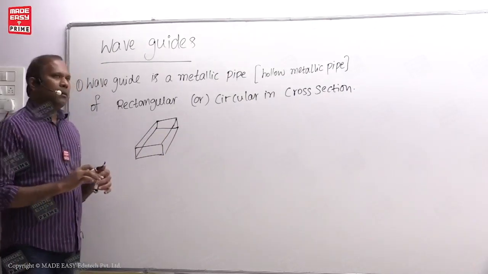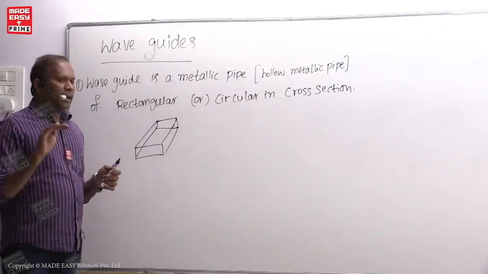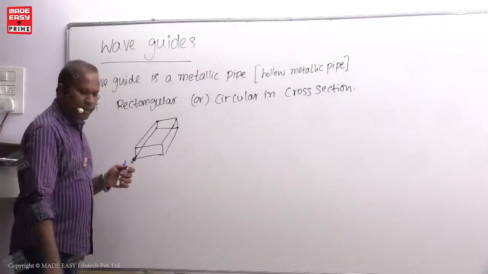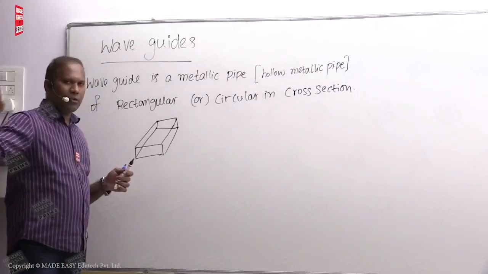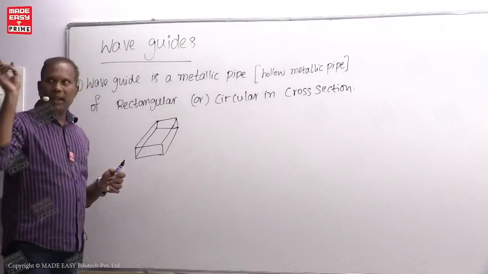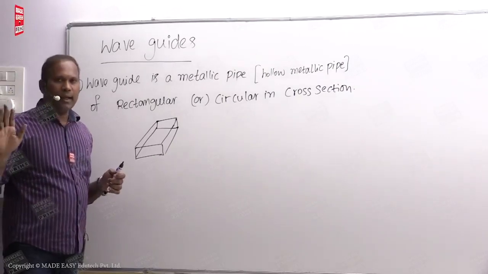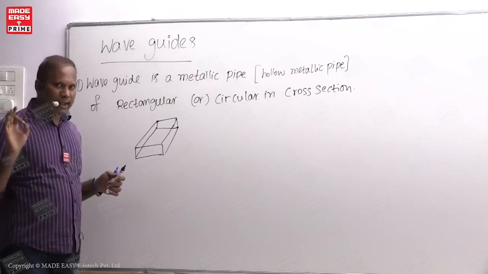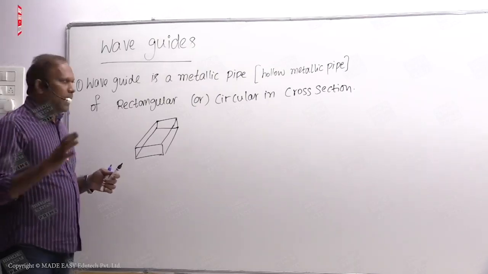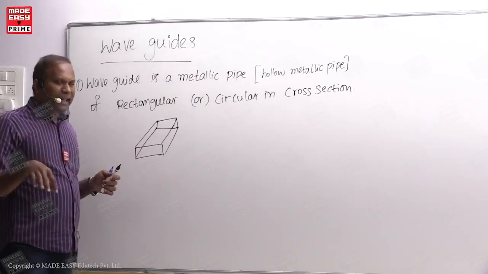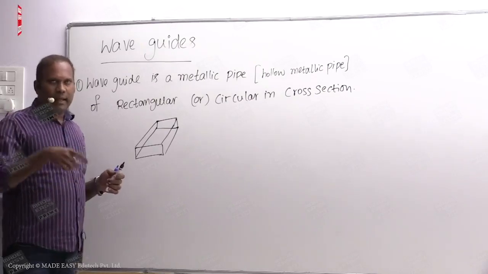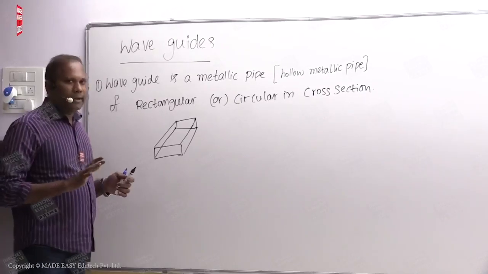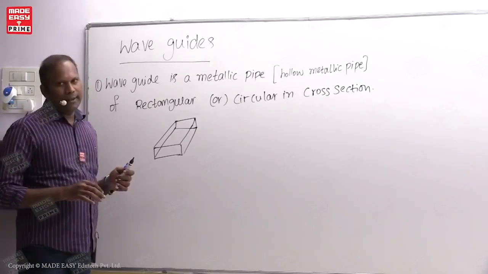For example, you are inside a room and remove the front wall of this room and the back wall of this room, then only 4 walls are there. These 4 walls are made up of conductors. Then inside your room, air medium is there. Then all the 4 walls are perfect conductors.